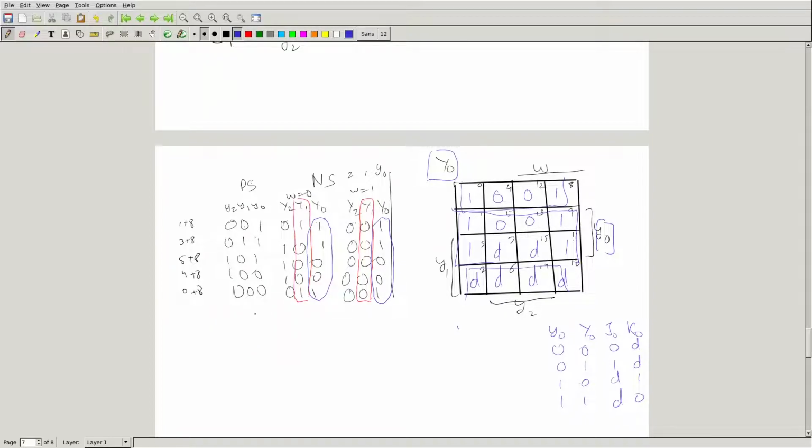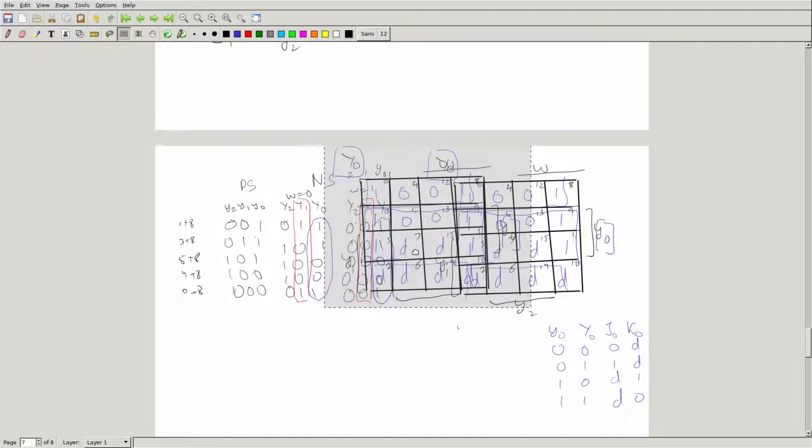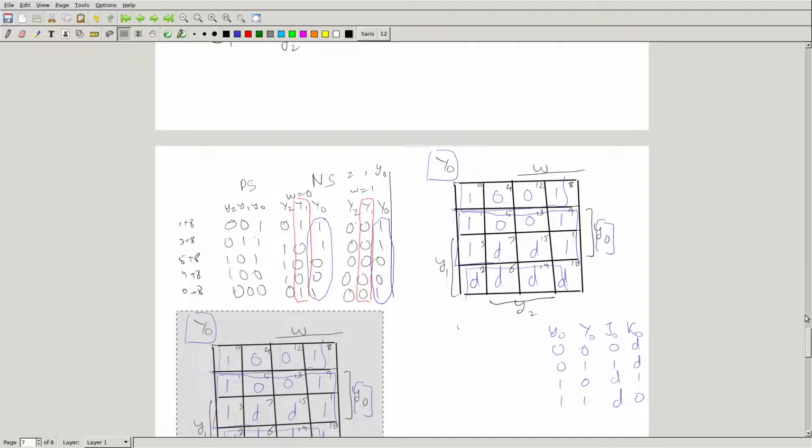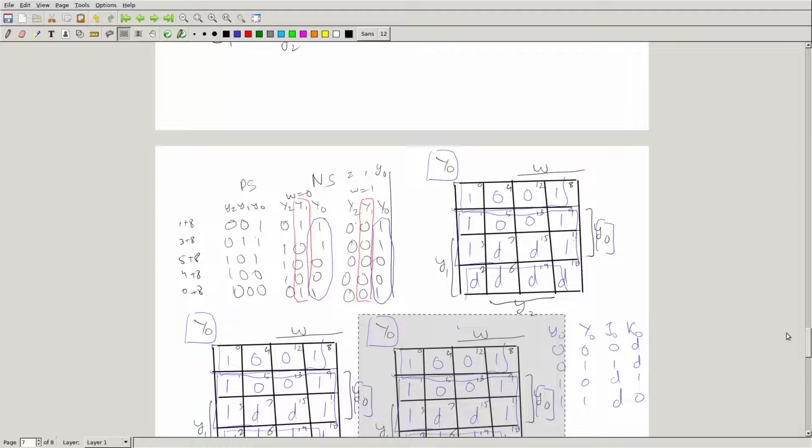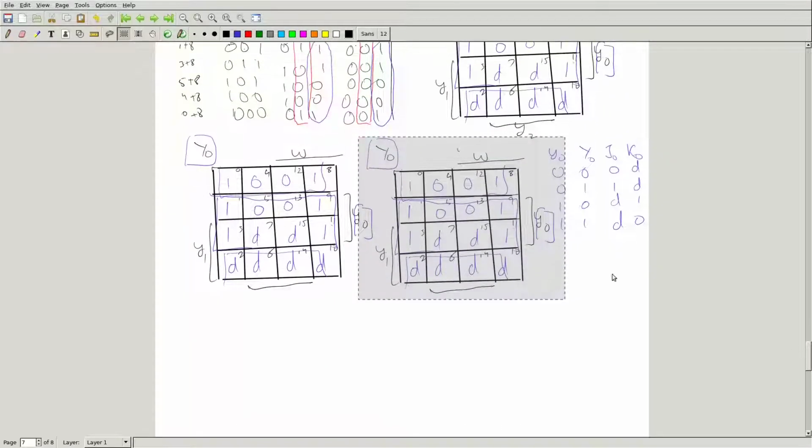So we can make a K-map by creating 2 copies of this, for J0 and K0. So here let's create this for J0, and this one is for K0.